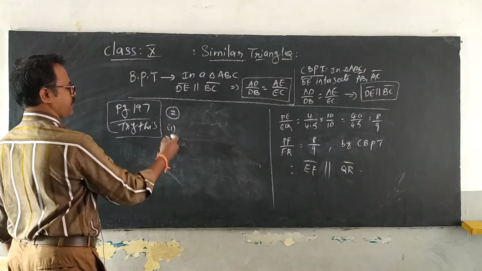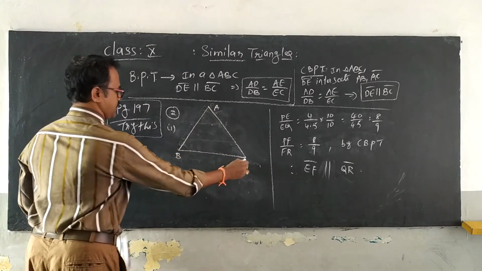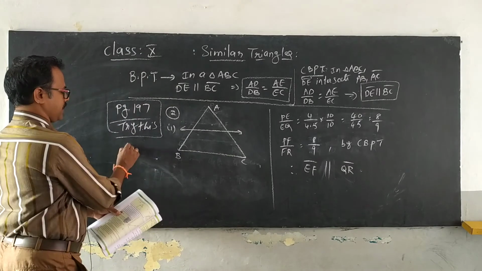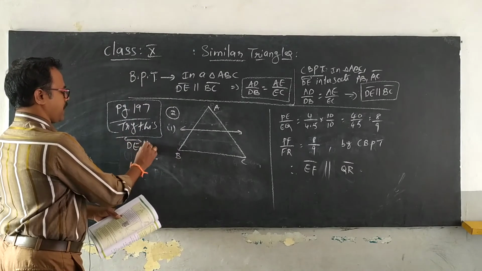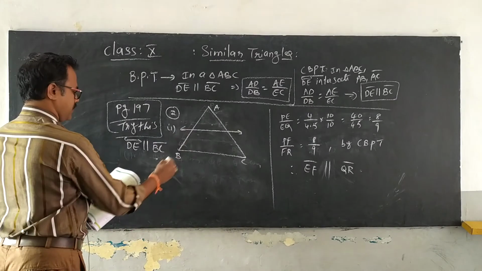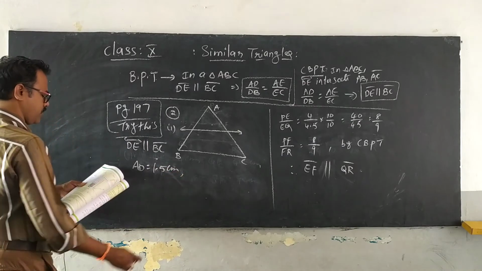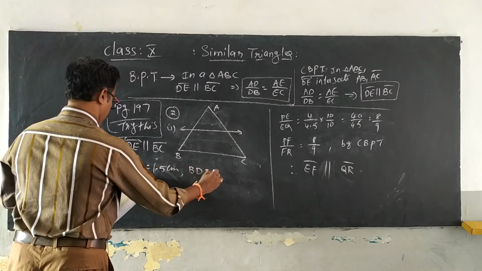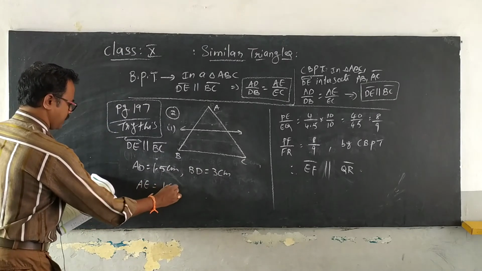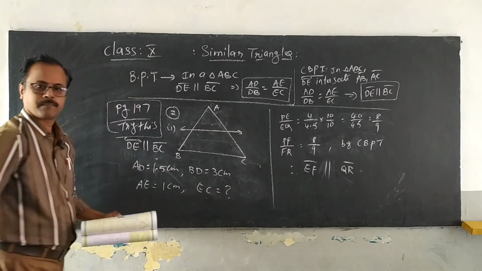So the diagram is given in this manner. My second question, Roman first. The diagram is triangle ABC, where DE is a straight line, with DE parallel to line segment BC. It is given that AD is equal to 1.5 centimeters, BD is equal to 3 centimeters, AE is equal to 1 centimeter, and it asks to find EC.